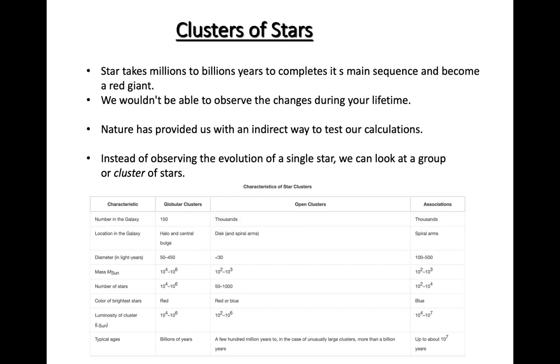The heavier stars will spend less time in the main sequence, and then they will go into the next phase quickly. This is due to the fact that their mass is higher, and because the gravity is higher in these stars, the nuclear reactions will be faster. So they will quickly burn hydrogen into helium, and then they will move out of the main sequence phase into the giant phase.